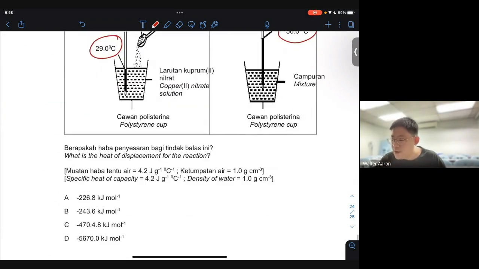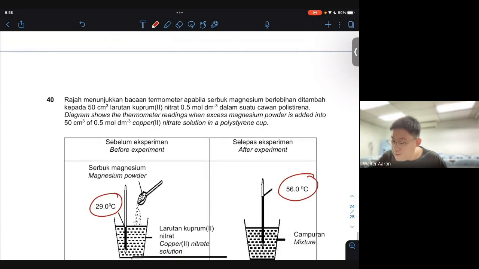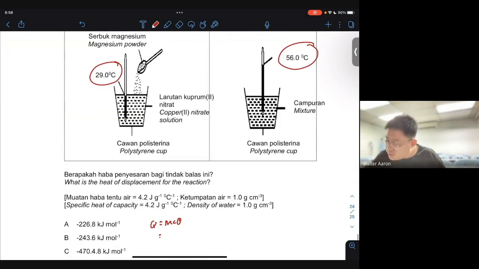We're going to start off by calculating Q first. So Q is equivalent to mc theta. In this case, m will be 50 cm cube, so total mass will be 50 grams.